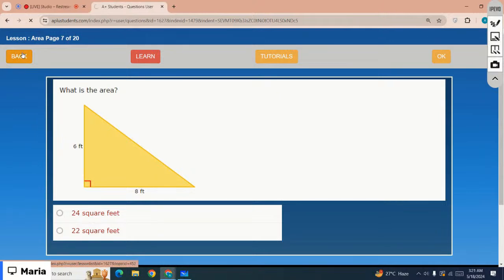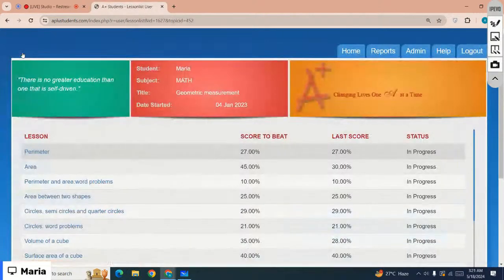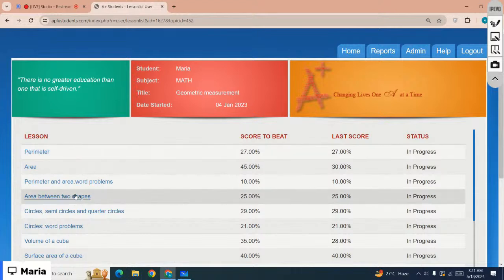Okay, let's just start with the next lesson. The next lesson is perimeter and area word problems, which you have to do on your own, right? Let's just do area between two shapes.